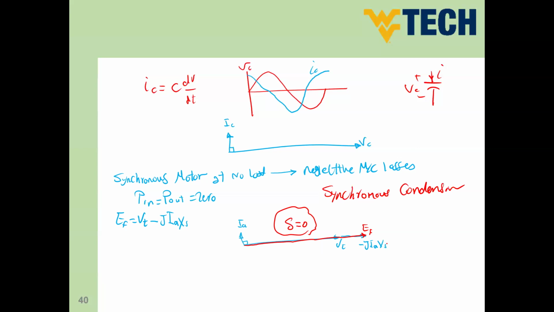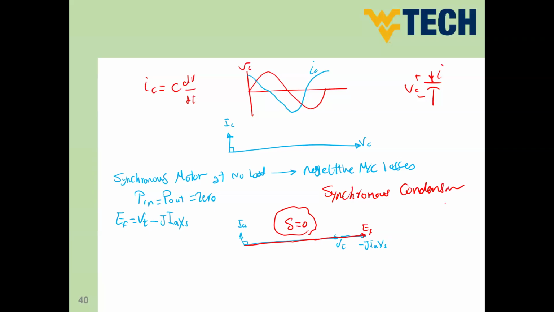So this is the expression of the synchronous condenser. On the opposite side, we can have a synchronous inductor. You are right. As you understand from here, synchronous condenser is the leading power factor case. So the synchronous inductor is going to be the lagging power factor case.